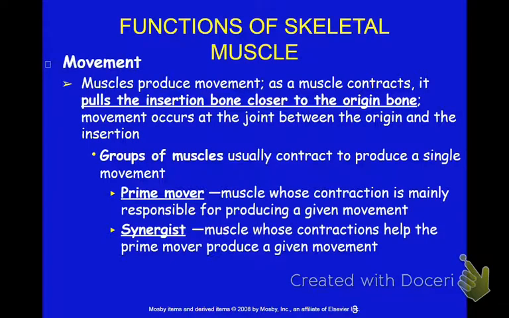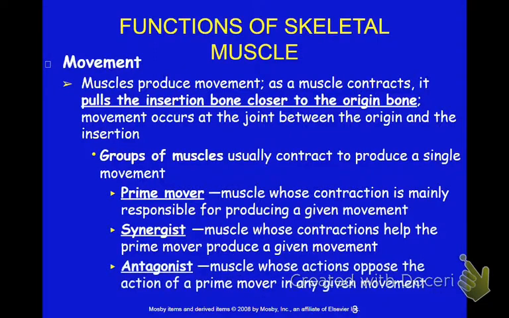And then you have the synergistic muscles that work along with the prime mover. But let's not forget the muscles that work in the opposite direction of what the prime mover is doing, and that's the antagonistic muscle. So for the example we were just talking about, you have the bicep and the tricep.